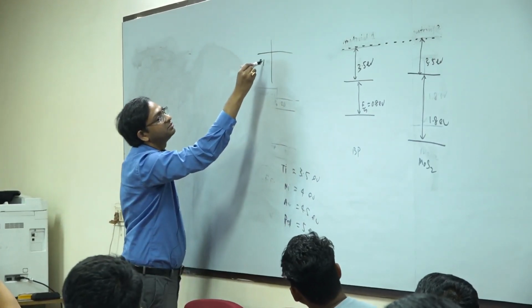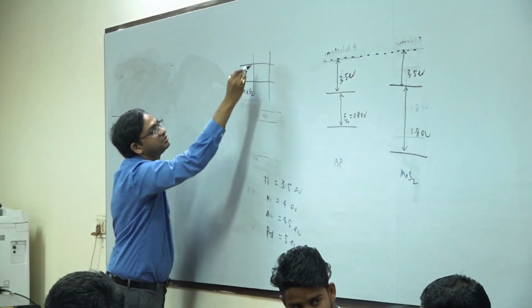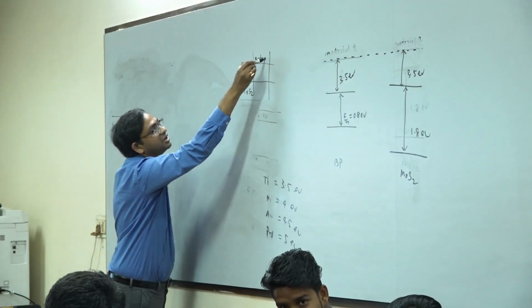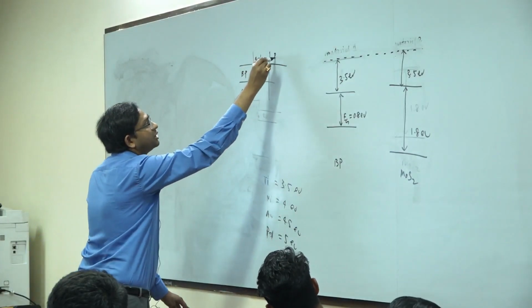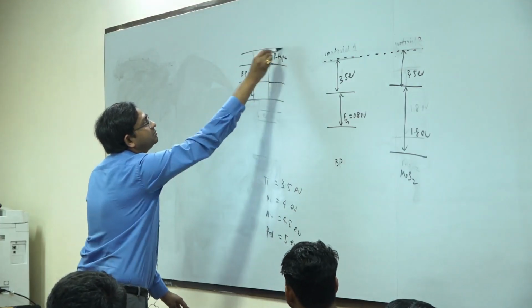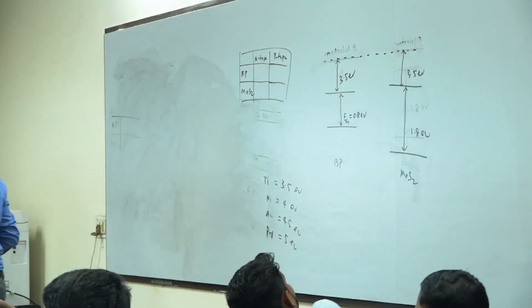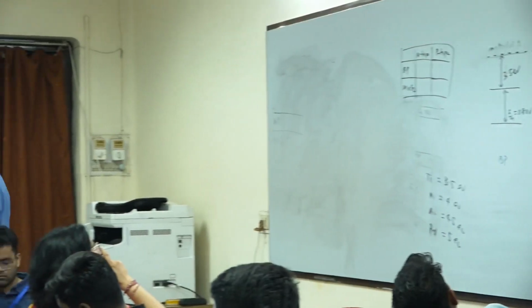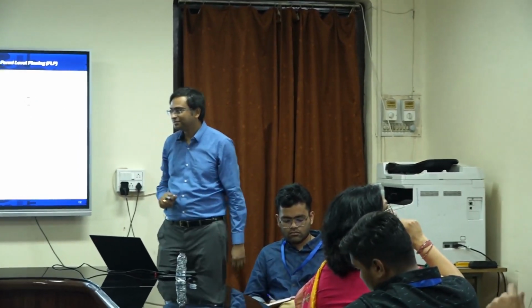So BP, MoS2, N-type, P-type. Okay. You have to now populate this table. Which metal will go where? No, I told you, the Schottky barrier has to be negative.